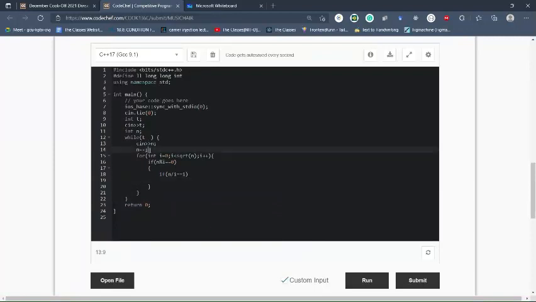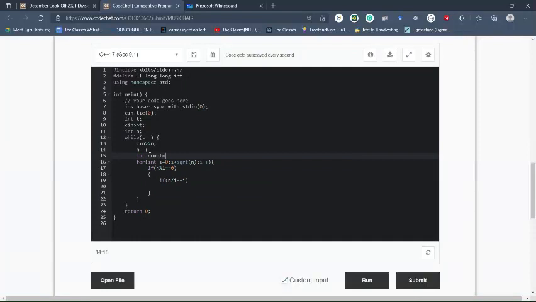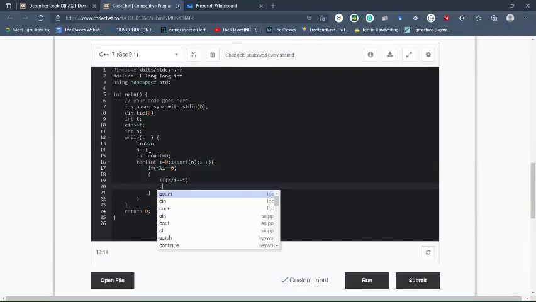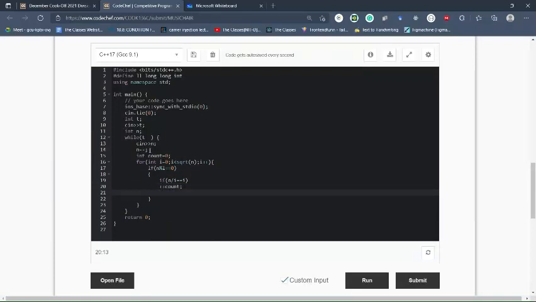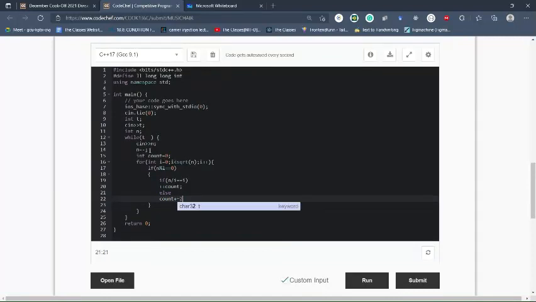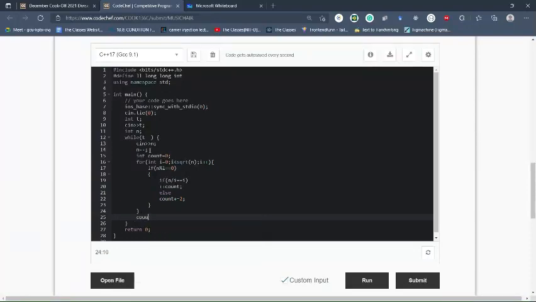We have not taken the variable yet, so we take a variable int count and initialize it as 0. Else we will do count plus 2. Okay, so this is our code, and we'll simply print our count.